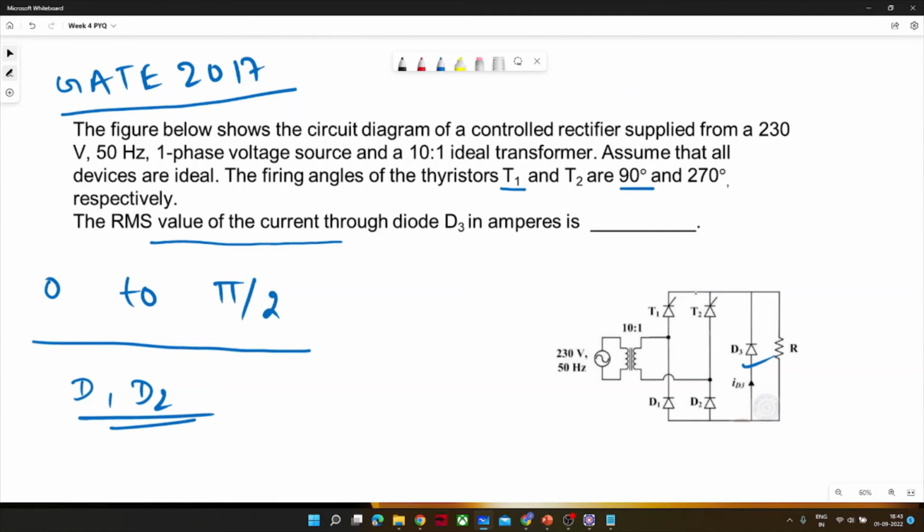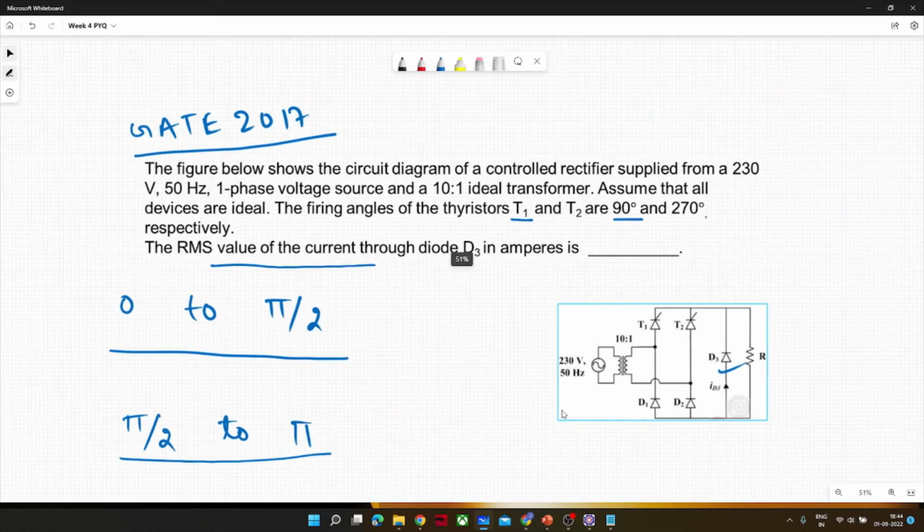But here T1 has a firing angle of 90 degrees, so it cannot conduct. I think you are getting confused with that.